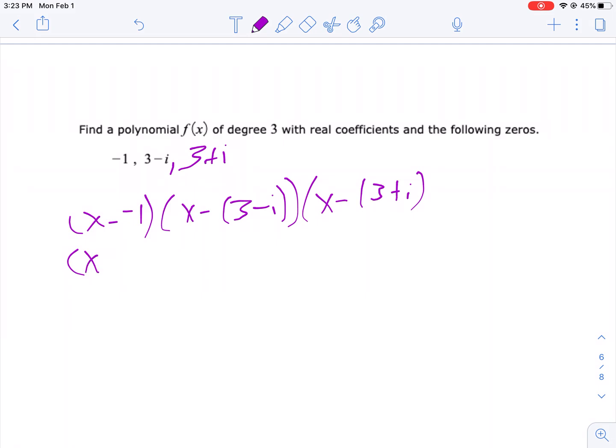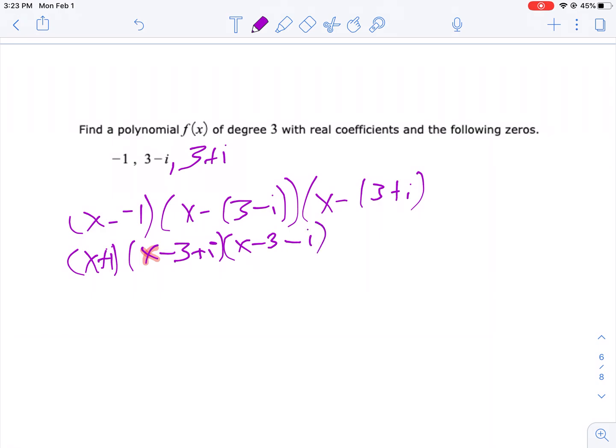So that's x plus 1 times x minus 3 minus i. Try that again. x, whoops, wrong one. x minus 3 plus i and x minus 3 minus i.